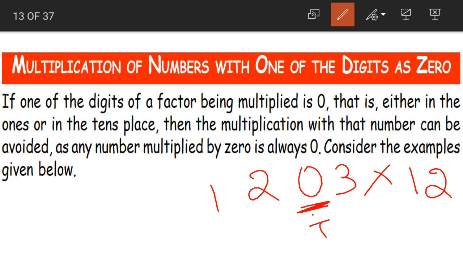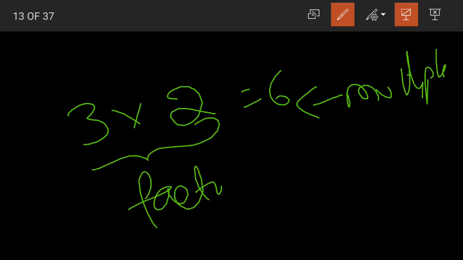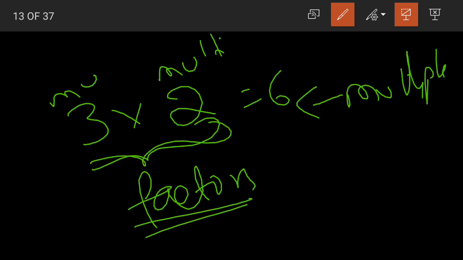So whenever we are multiplying it, whenever the digits of a factor, what does factor mean? When I say 3 2s are 6, yes, 6 becomes the multiple, 3 and 2 become our factors. Yes, this is our multiplier and multiplicand, right? So instead of calling them that, we can also call them as factors.